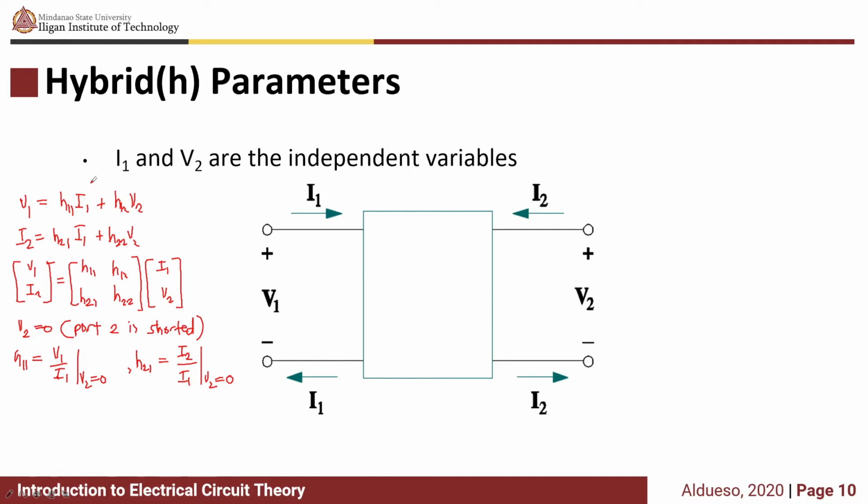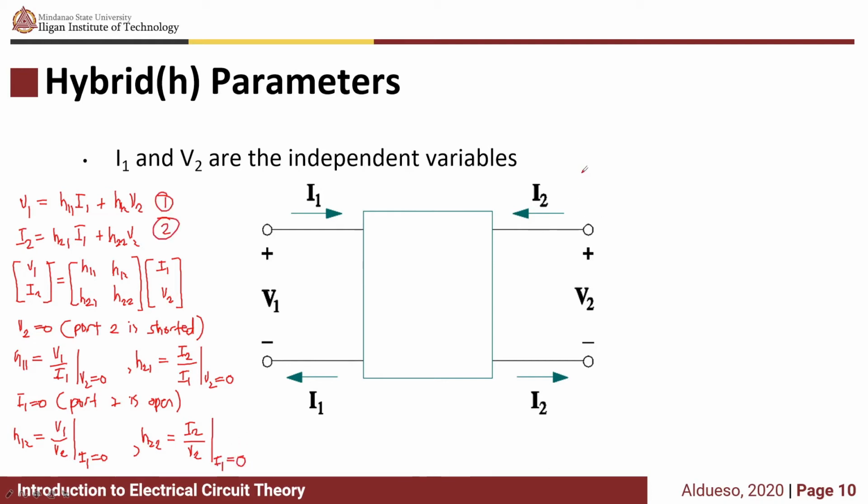So when I1 is 0, meaning our port 1 is open, our H12 equal to V1 over V2 and I1 is 0. And our H22 equal to I2 over V2 and I1 equal to 0.